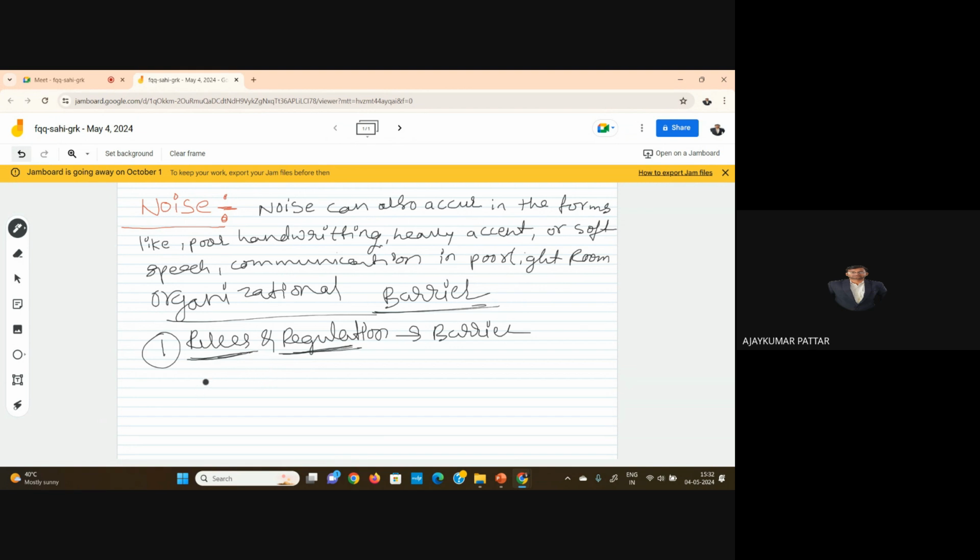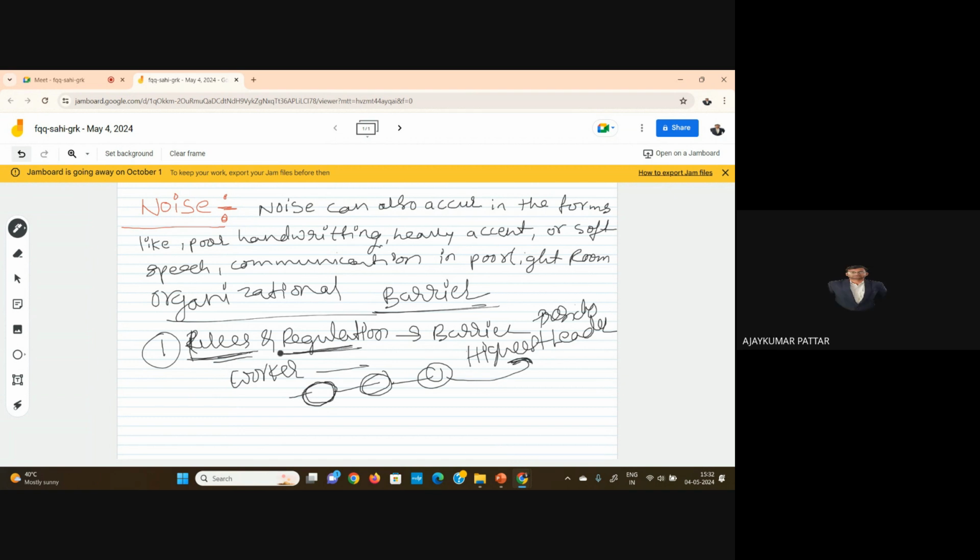There are certain rules, like you have to give the first letter. For example, take a political party. If you are a worker of that party and you want to meet the highest leader in that party, then you have to go to the district level head of that party, then the state level head, then the national level head, and then you will go to the highest head, that is the president of the party.